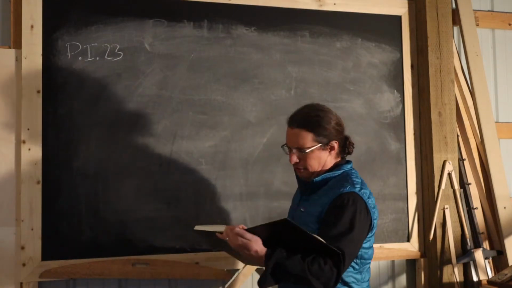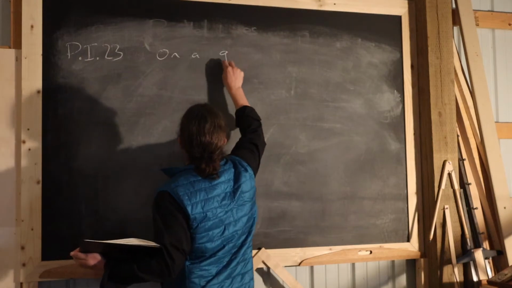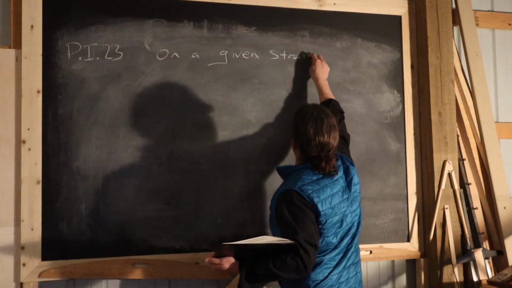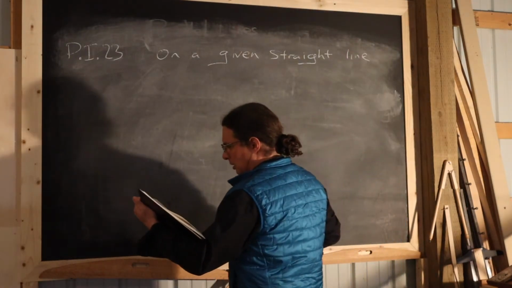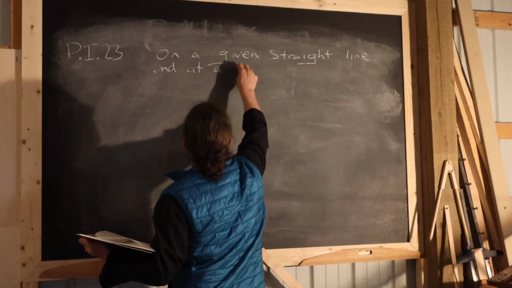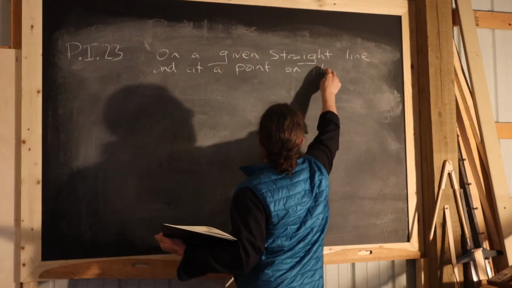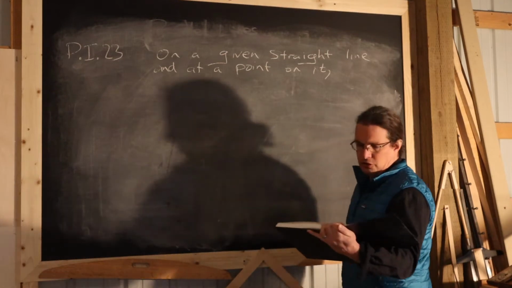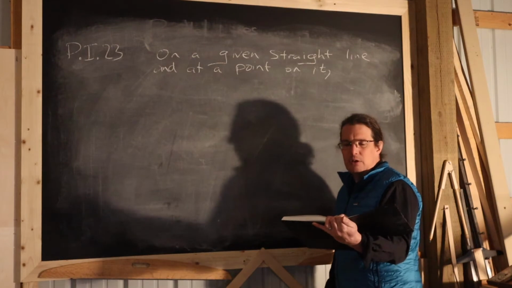And it says, on a given straight line and at a point on it, to construct a rectilinear angle equal to a given rectilineal angle.